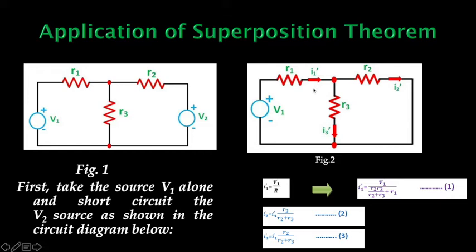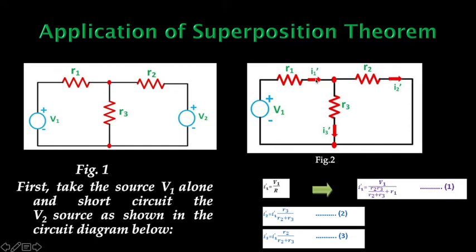Here the value of net current flowing through R1 is I1 dash. So I1 dash equals V1 divided by R, which we can write as V1 divided by R1 plus R2 into R3 divided by R2 plus R3.